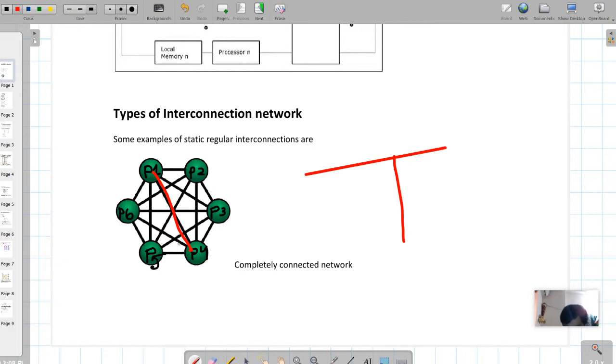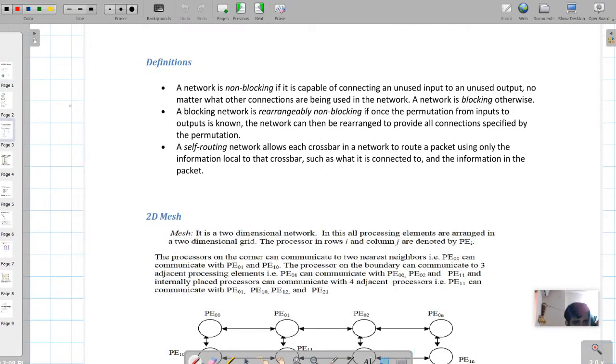So if they now want to communicate with one another, they can obviously do so, because their communication channel is not blocked by any other communication channel. Now have a look at the definitions of blocking and non-blocking.